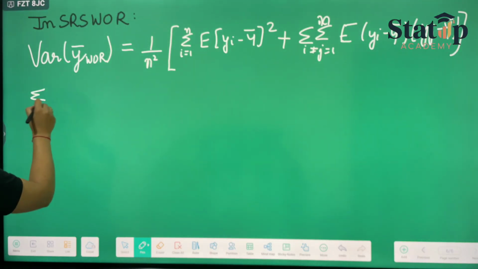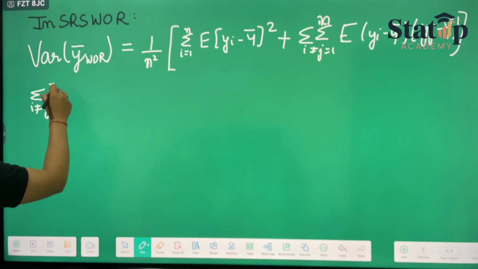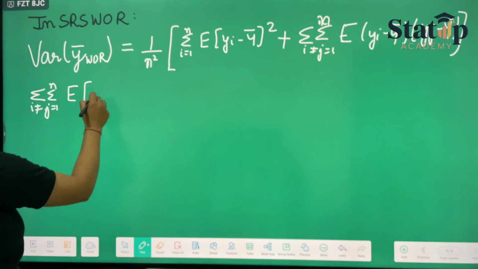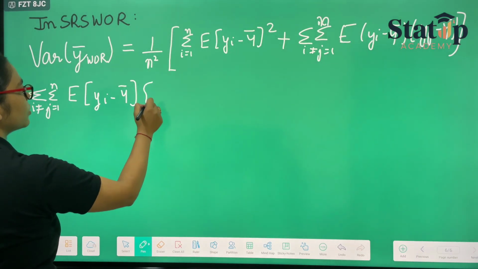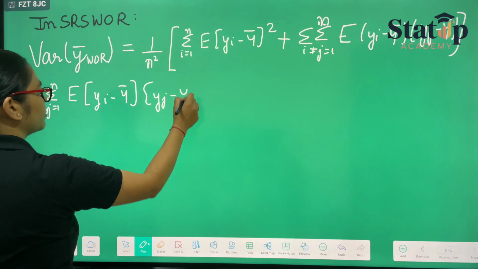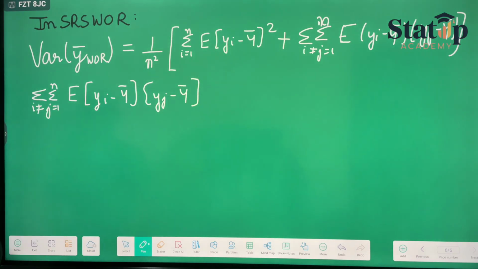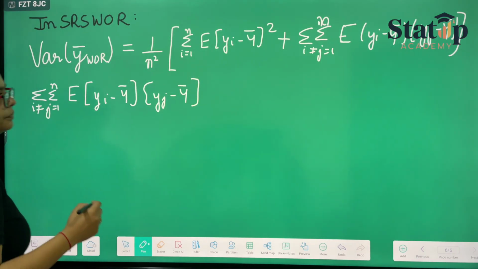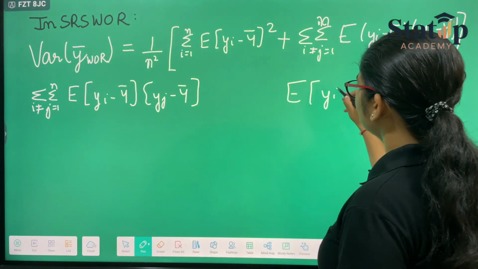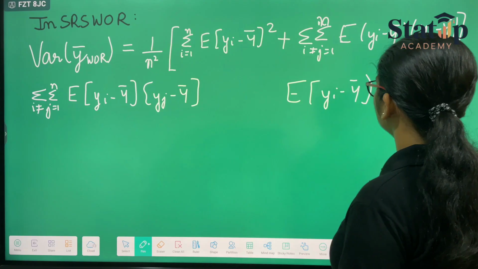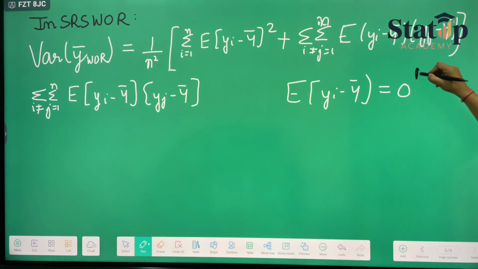Q is summation i not equal to j goes from 1 to small n, expectation of (yi minus y bar) into (yj minus y bar). Let us consider this. So we know that expectation of yi minus y bar is nothing but equal to 0 because it is again mean deviation, a concept we did in econometrics.